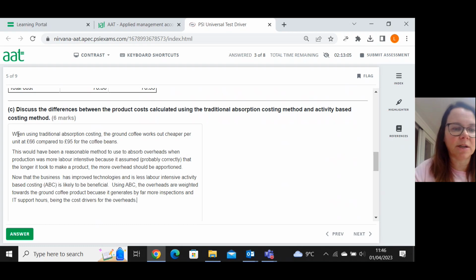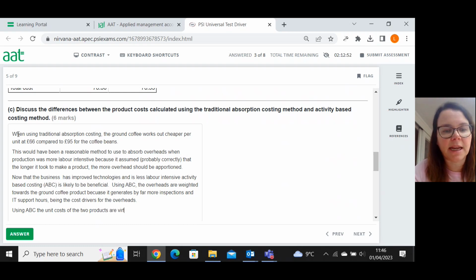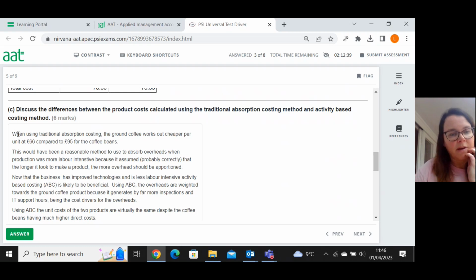So good to get a bit of terminology in, cost drivers for activity-based costing. Using ABC, the unit costs of the two products are virtually the same, despite the coffee beans having much higher direct costs. Right, so that's what I would write for 6 marks.